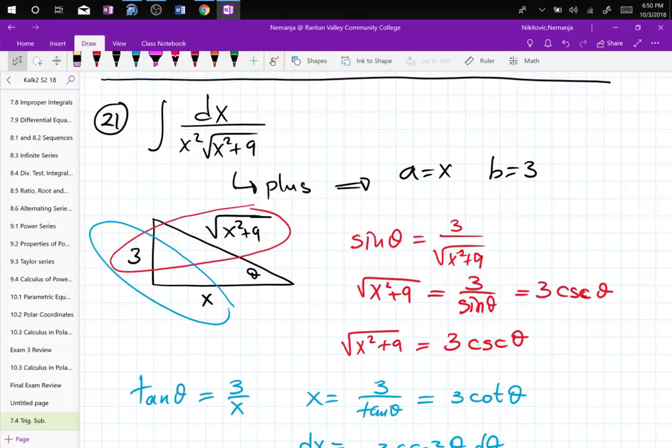So maybe you can start this problem and challenge yourself at home to redo this problem, and you have to end up with the same answer because the answer is the answer, right? It's the way to get there. Key points are to understand plus and minus so that you can set up the triangle.